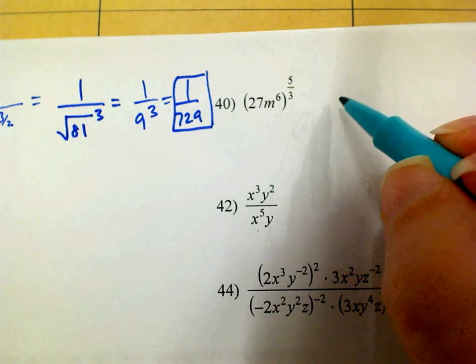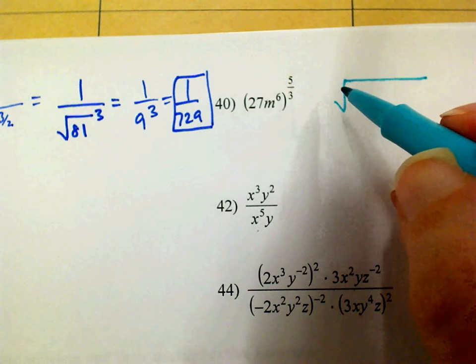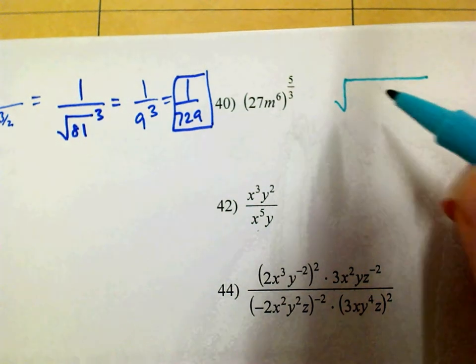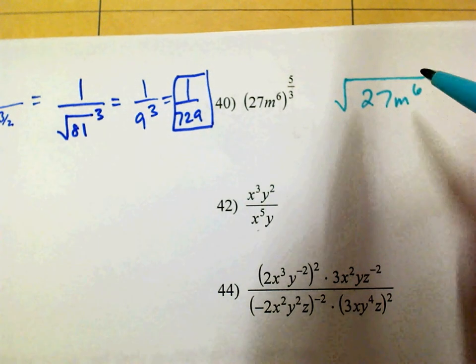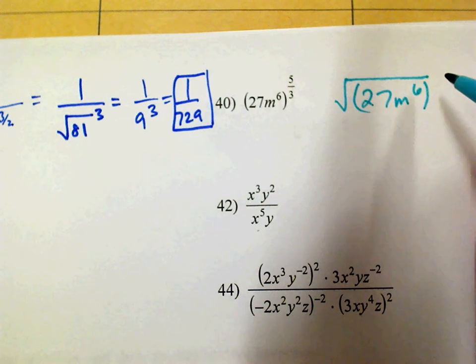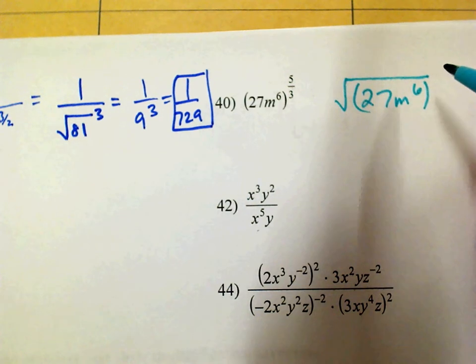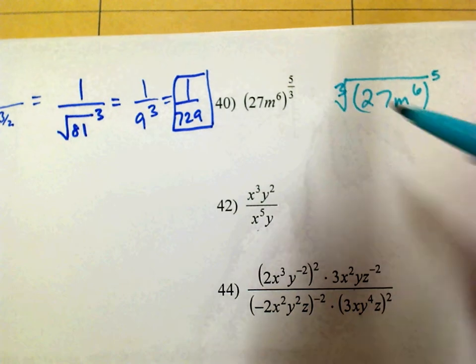Okay. You put that in parentheses. On the inside or the outside? What do y'all think? Outside? And then the cubed root right there?